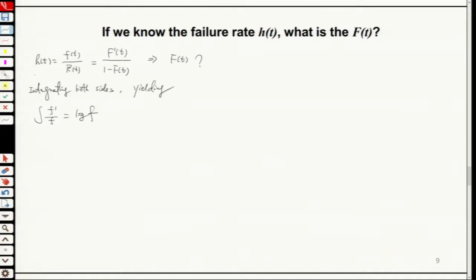Now if we integrate this equation on both sides, what are we going to get? We're going to get minus log(1 minus F(t)) on the left side, equals the integral from 0 to t of h(x) dx plus some kind of constant.